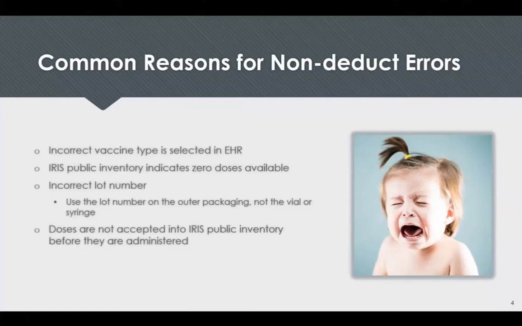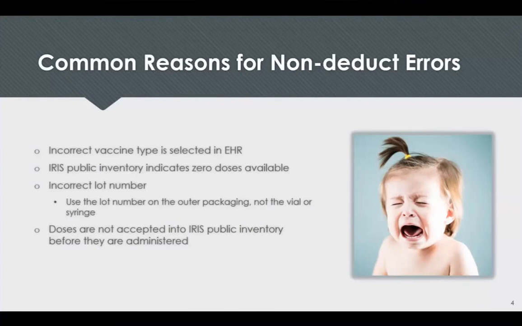Therefore, the dose will go onto the patient's IRIS record, but it will not deduct from IRIS inventory and be accurately accounted for. Another common reason is that there aren't any doses available in IRIS. It will indicate 0 doses available, meaning your organization has already worked through all of the doses supplied to them. Since there's 0 doses available, there's nothing to subtract from.